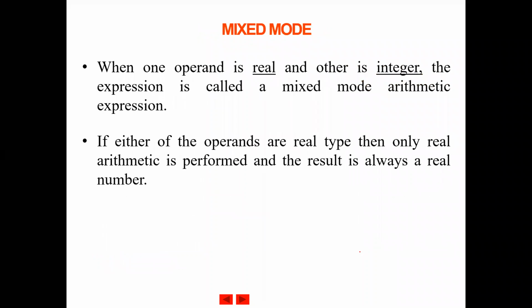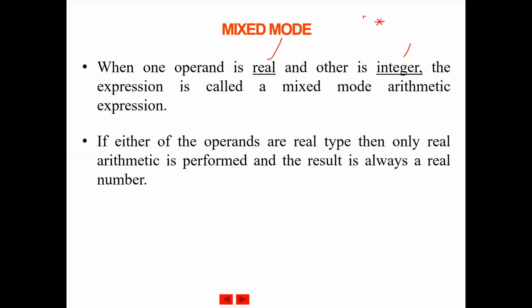Now, suppose one of the operands is real and the other operand is integer. Got it? Arithmetic operations, you know, multiplication, division and all. It needs two operands because it is a binary operator. The multiplication symbol is an example of a binary arithmetic operator.